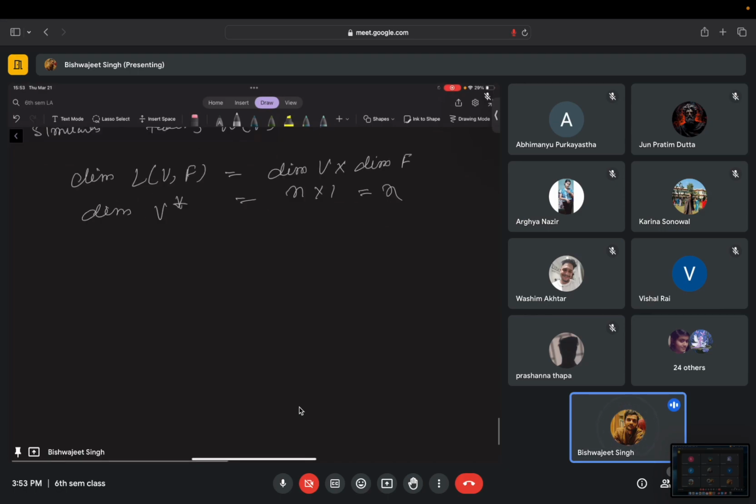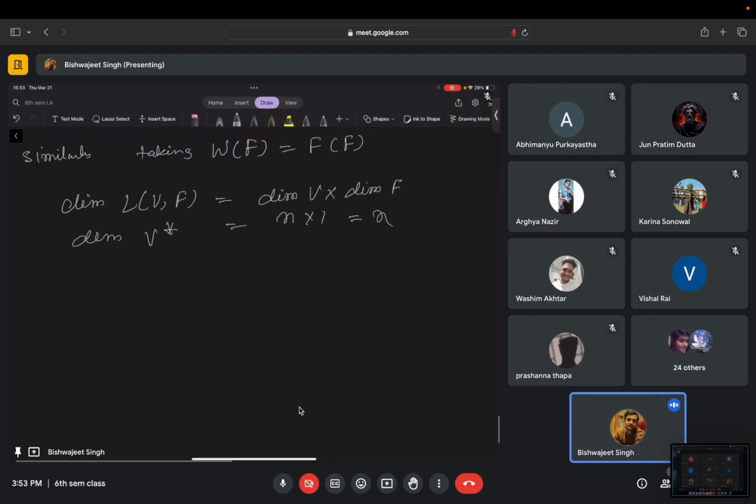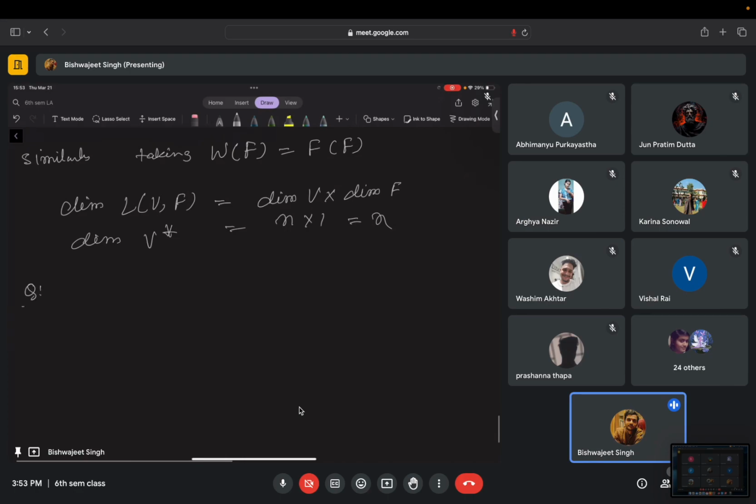So now we can ask a question. We know that in any vector space, basis is very important, right? The basis is actually very important whenever we talk about a vector space.